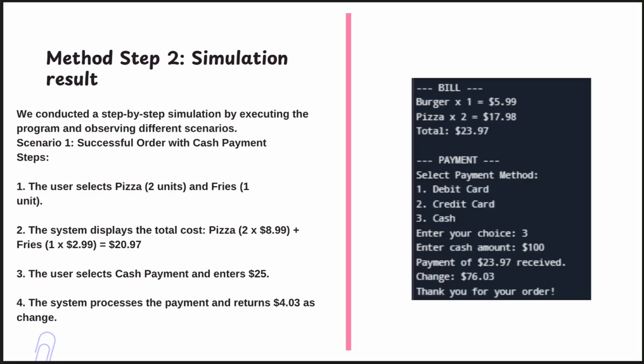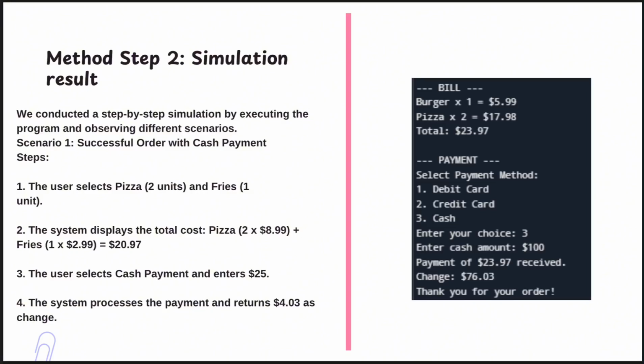Now for method step 2, simulation results. We conducted a step-by-step simulation by executing the program and observing different scenarios. Scenario 1, successful order with cash payment. Step number 1, the user selects pizza 2 units and fries 1 unit.